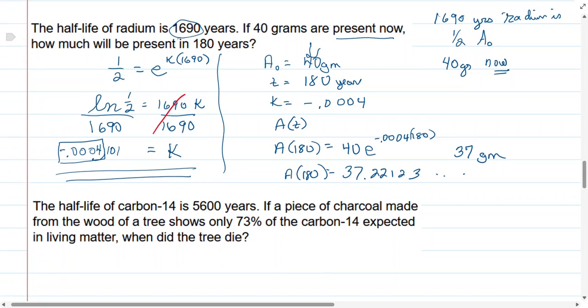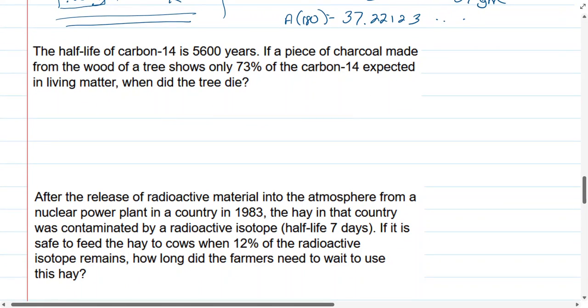All right. So now we have this one, carbon 14 is the standard. It's the golden rule. Half-life of carbon 14 is 5,600 years. A piece of charcoal made from the wood of a tree shows only 73% of the carbon 14 expected in living matter.